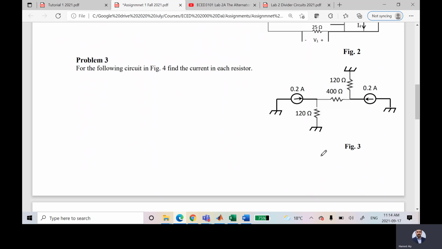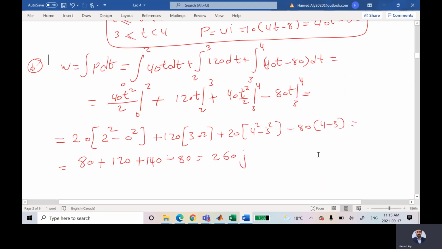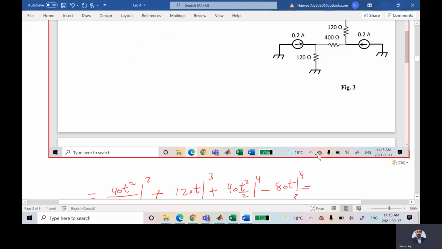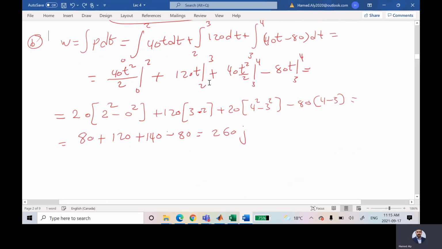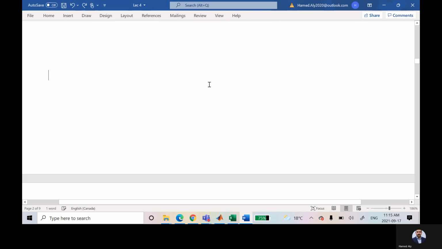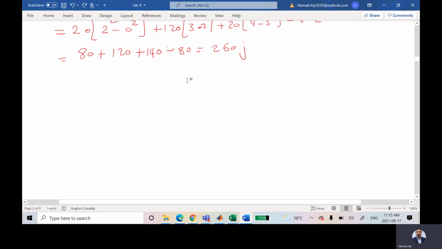The current is 0 because of symmetry. You know what? I will try to solve this problem with you here. Because I still have time, I can solve it with you.